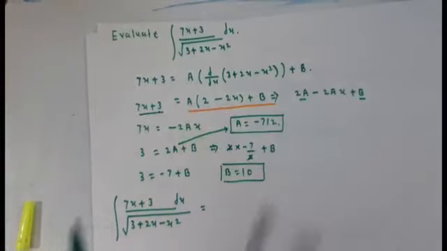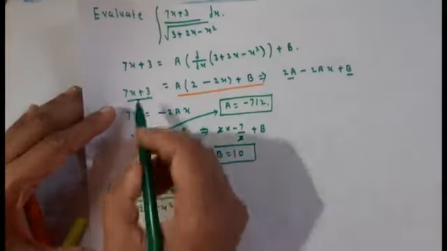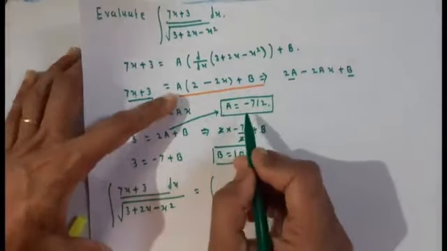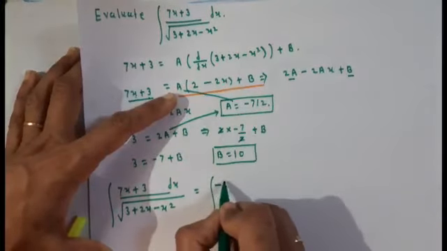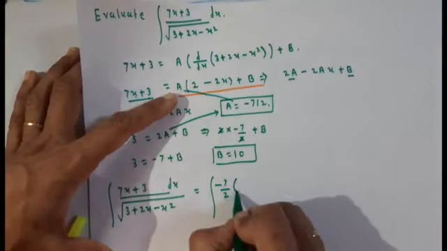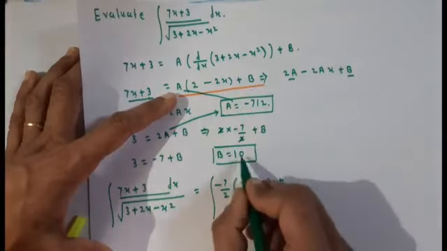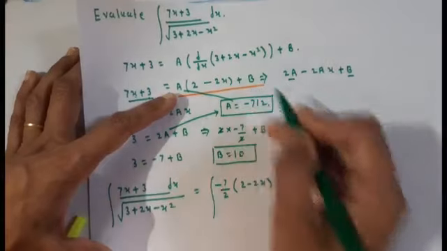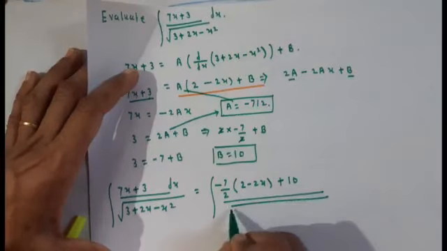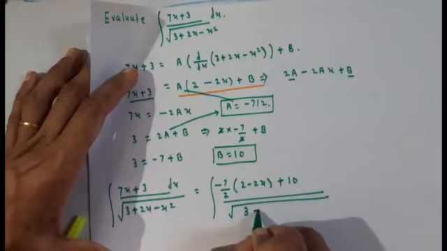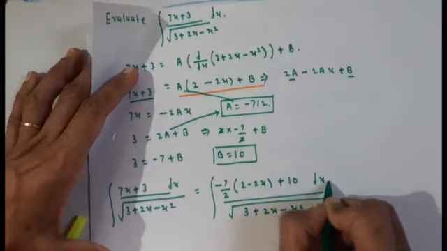So the numerator 7x plus 3 is a into, what is the value of a? a is minus 7 by 2. That's why minus 7 by 2 into 2 minus 2x plus b. What is the value of b? b is 10, that is plus 10, upon the square root of the denominator term, which will be as it is, that is 3 plus 2x minus x square, with respect to x.